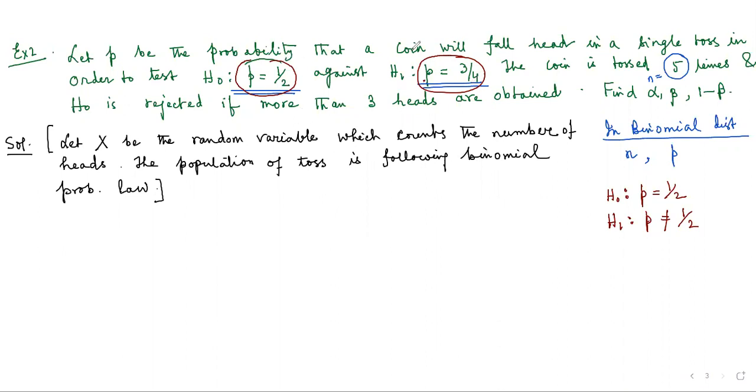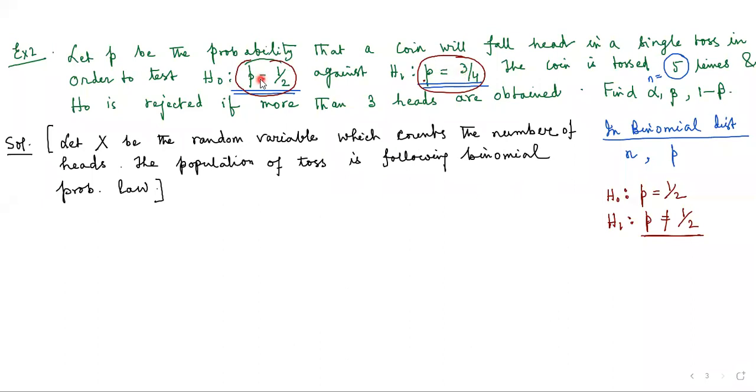Therefore, these two are not actually directly connected. Do not think that we are to write P equals half over here, because this is not the complementary probability of that. This is a separate statement and this is a separate statement.